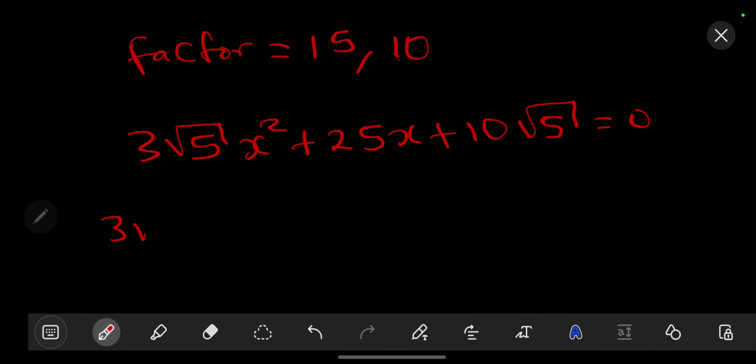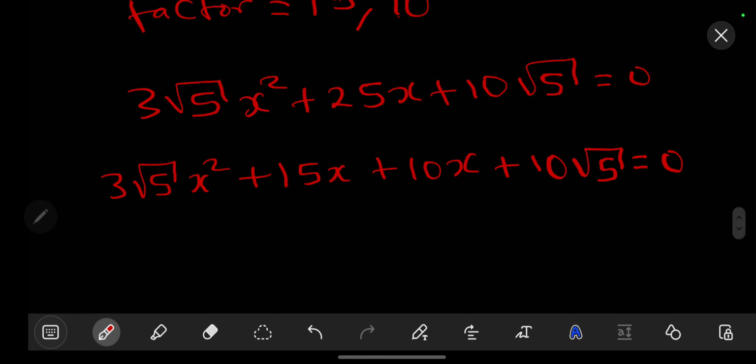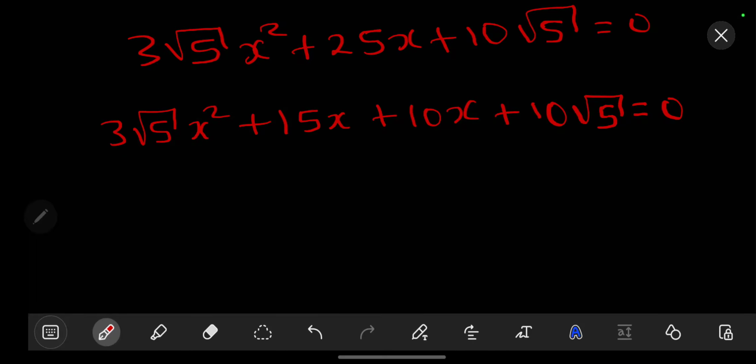So we have the 3 square root of 5, then we say x squared plus 15x plus the 10x plus the 10 square root of 5, which should be equal to 0. After you do this, simplify. So what we are going to have is take the roots of this to be the common, but it has got a number, so take both of them, they can enter into 15, and say 3 square root of 5.